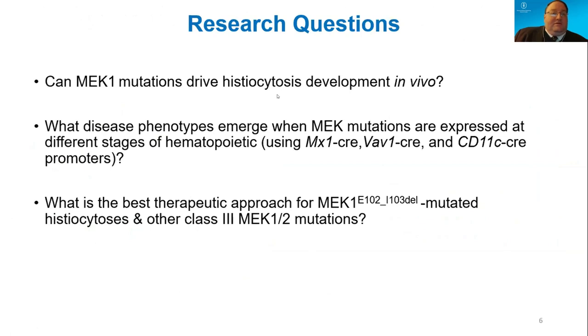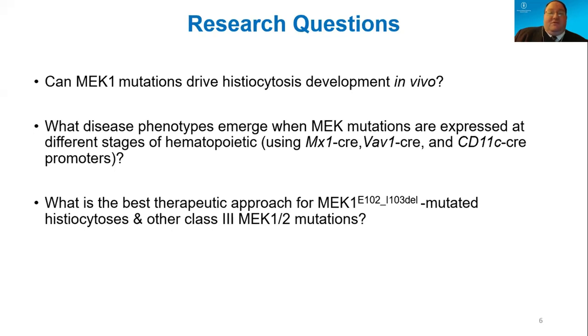This, as well as the discovery of MEK1 mutations being the second most frequent group of mutations in histiocytoses, led our group to look at MEK1 mutations. Can they actually drive histiocytosis development in vivo? Basically, are they driving disease in mouse models? What disease phenotypes emerge when MEK mutations are expressed at different stages of hematopoietic development?